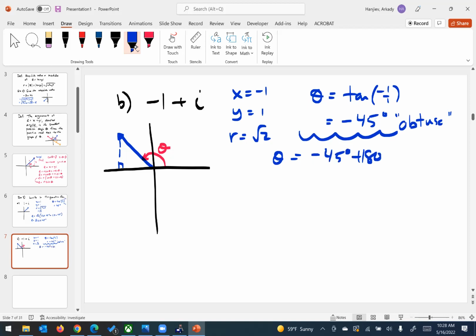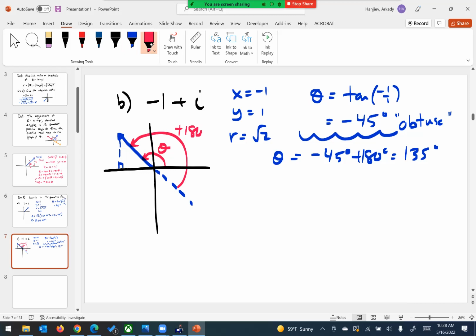You add 180 to it and you get yourself 135 degrees, because the -45 degree angle is here. If you add 180 degrees, it puts you right into that angle. You could do the reference angle and then figure out how to do things, or just add 180. This one's really easy because it's the exact same as the other one.